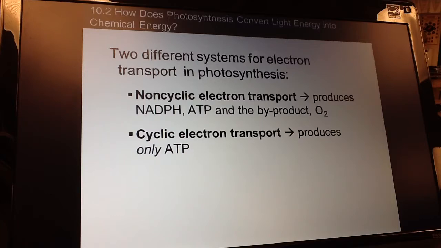When we do non-cyclic electron transport, we're going to be producing the NADPH and the ATP, with our byproduct of oxygen, as a way of making the energy molecules we need for the Calvin cycle. However, if we do cyclic electron transport, we're only producing ATP. Without the NADPH, we're unable to go through the Calvin cycle, and therefore we are unable to make sugar.